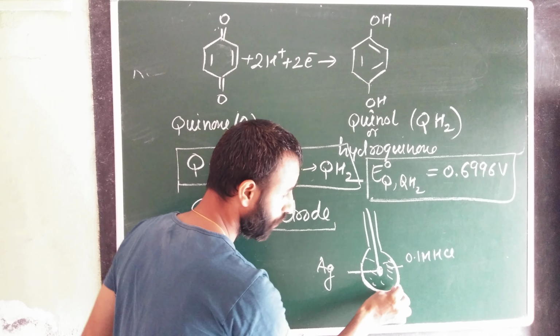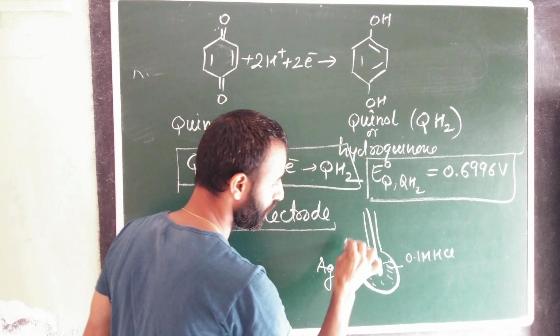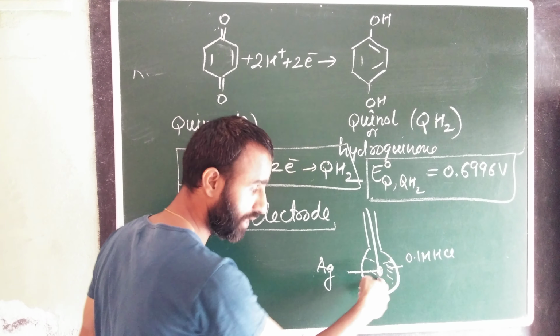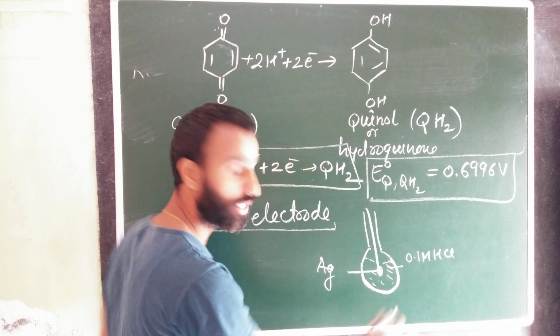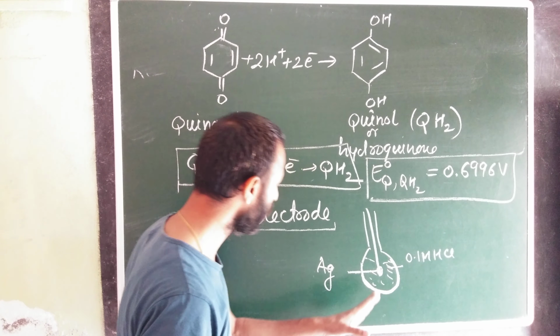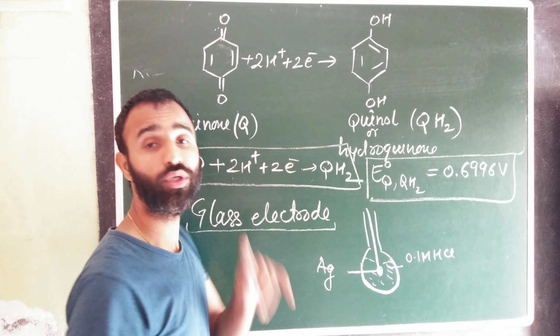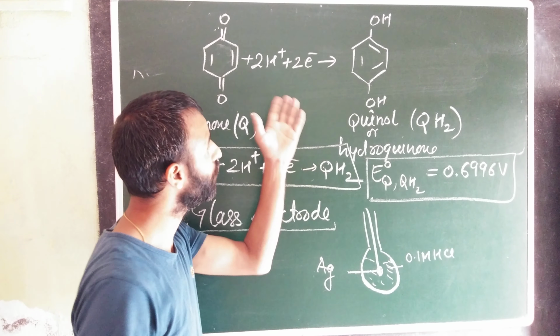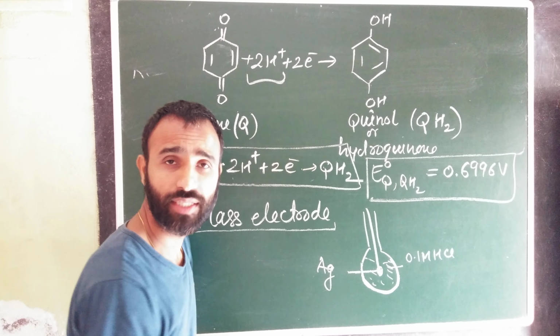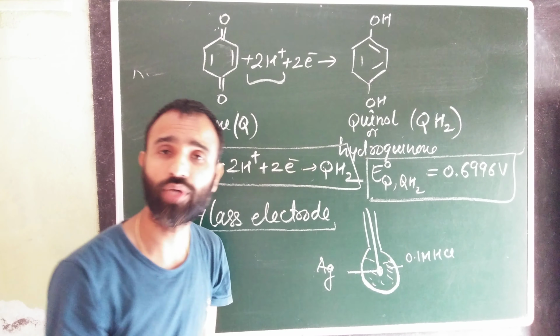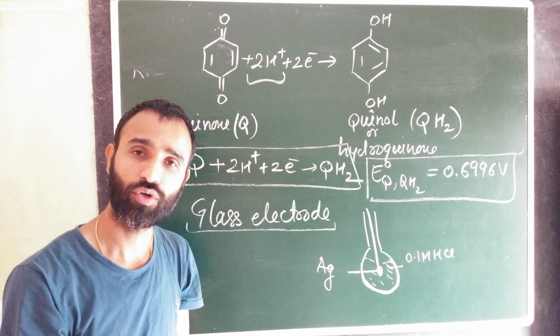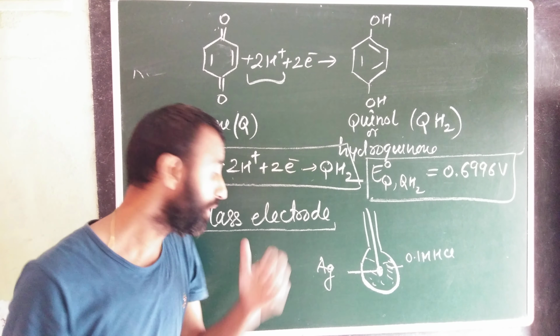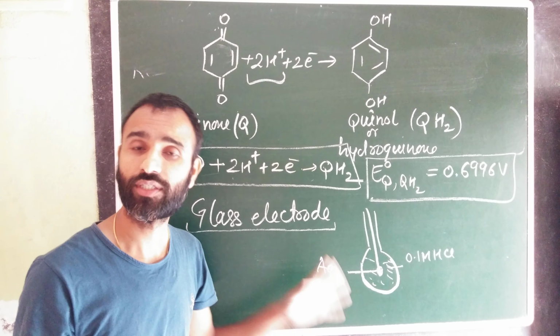But there is a difference in concentration of H plus ions inside and outside that creates a potential, and in this way it is used to calculate the pH of the solution. Even the quinhydrone electrode is reversible to H plus, that's why both are used to calculate H plus ion concentration, or we can say the pH of an unknown solution.